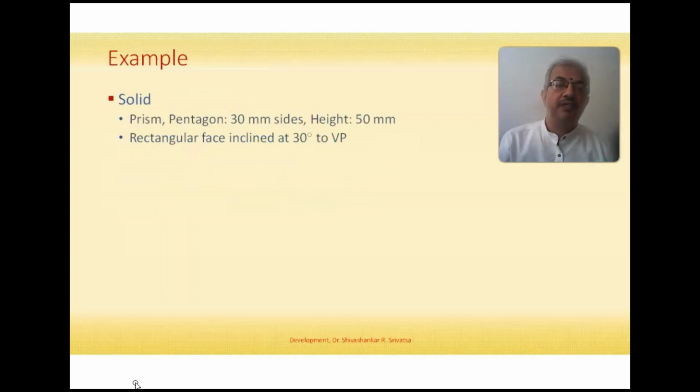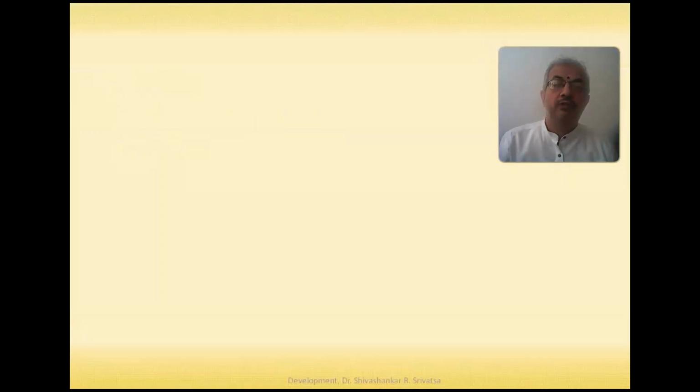So for this problem we'll start our projections with the first part, identifying the solid, writing down what is the prism. So we'll look at the drafting part of this.